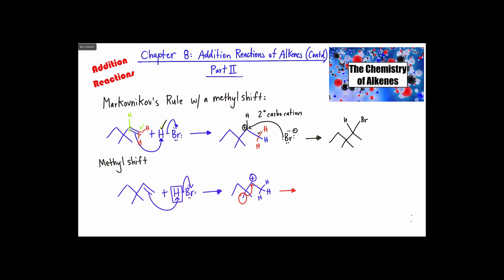what that's going to give me is, still have my CH3 here. That's the same thing as that. And now I'm going to have that methyl group here, and I'm left with one methyl group there. Okay?